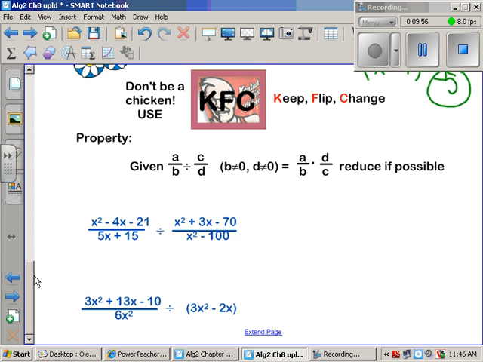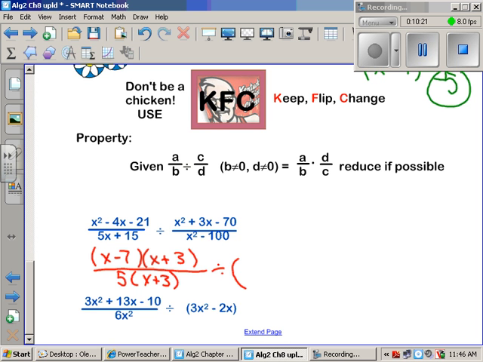I would factor it all first, then do KFC, because you're going to be able to cancel some stuff out first. Like x squared minus 4x minus 21, what can that break down into? Right, x minus 7 and x plus 3. And 5x plus 15 becomes 5 times x plus 3.